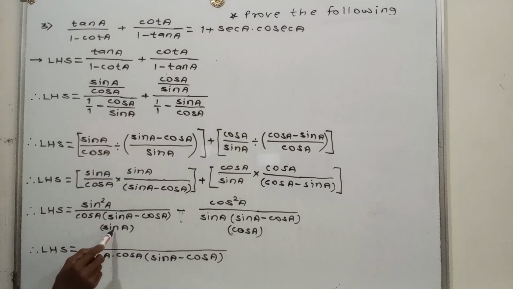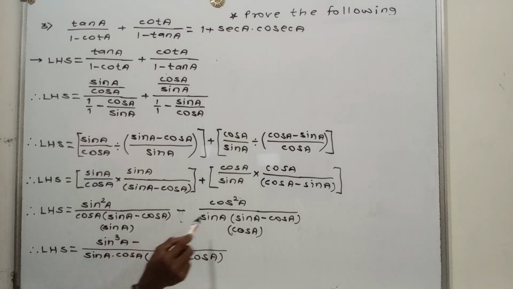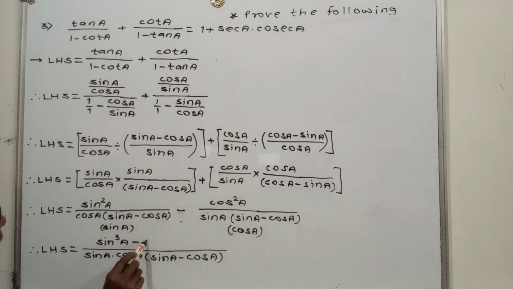Now here sin A into sin square A means sin cube A. Here minus cos square A into cos A means cos cube A. Now we apply here the expansion formula A cube minus B cube.